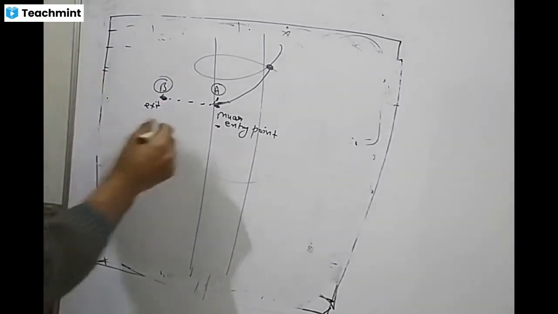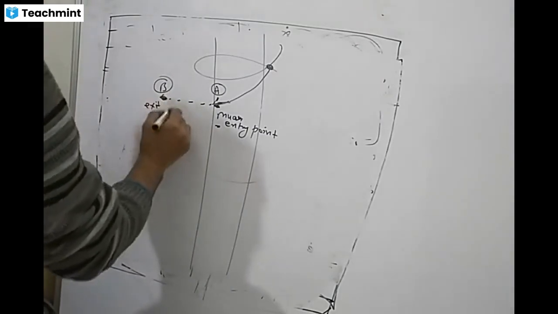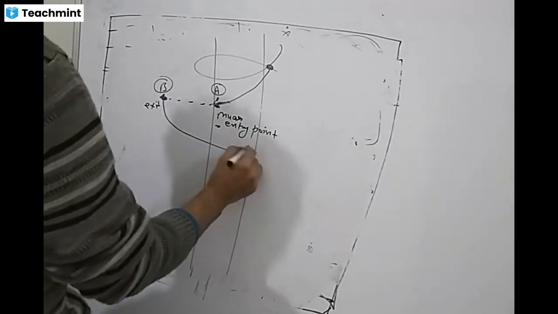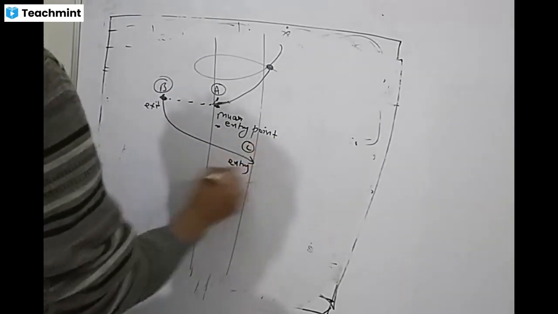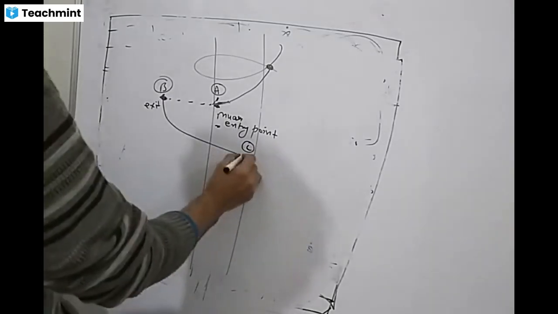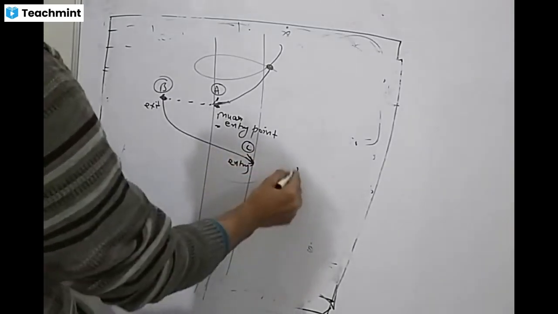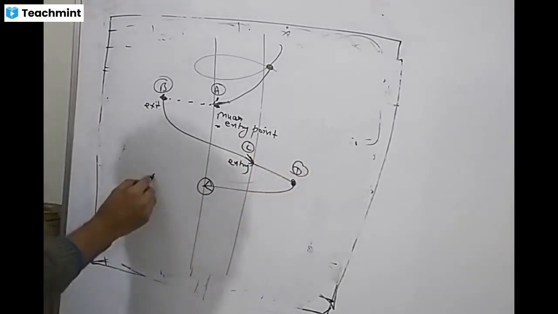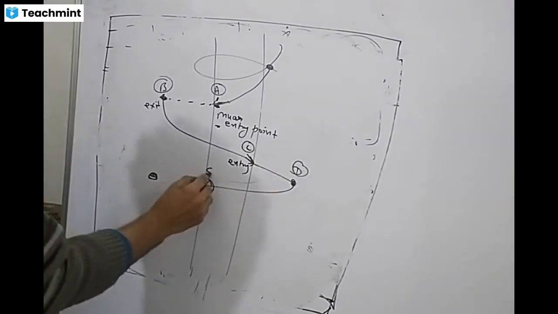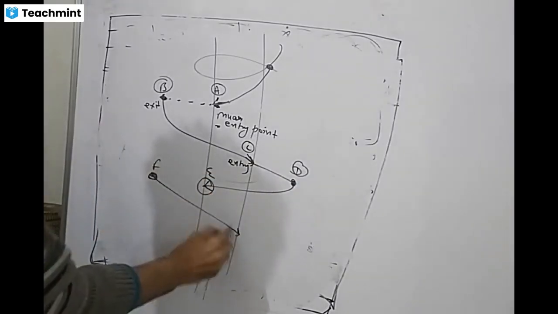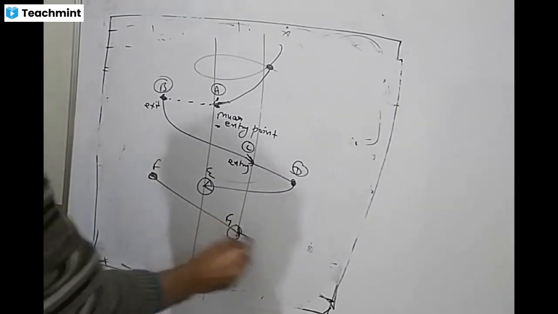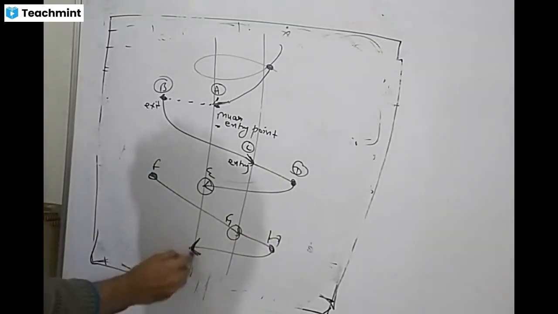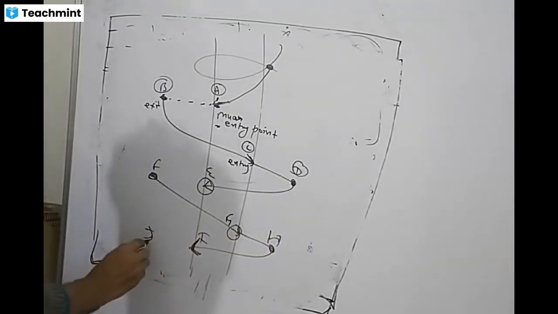Then from here we come, and again this time C is your entry point. This C is again the mucosa. Then we come out somewhere here, D. Then again mucosa entry point, then exit E, F, then again entry point, then exit again. This is the entry point I and this J is the exit point.